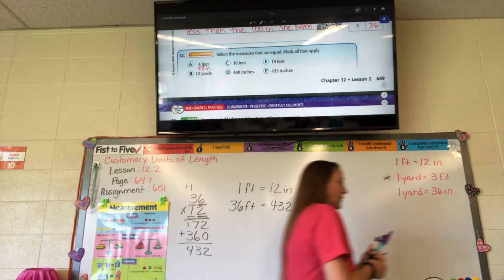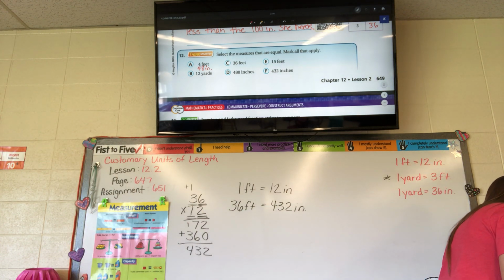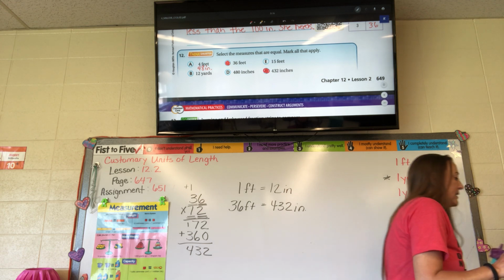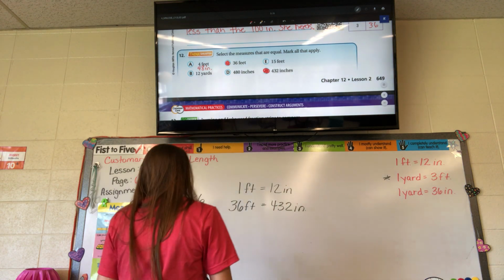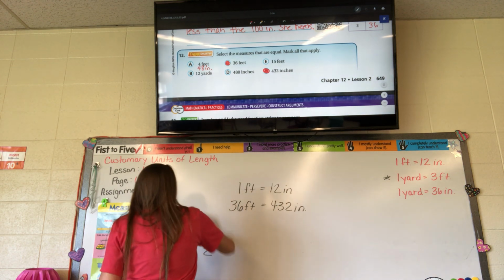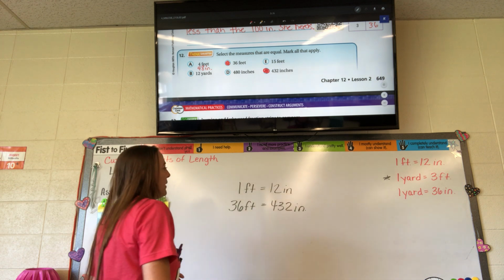Okay, so let's fill in 36 feet and then let's fill in 432 inches. And then how many yards would that be? Let's see if we can figure that out.